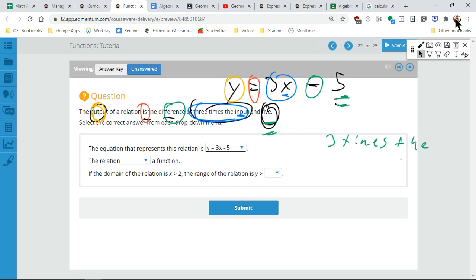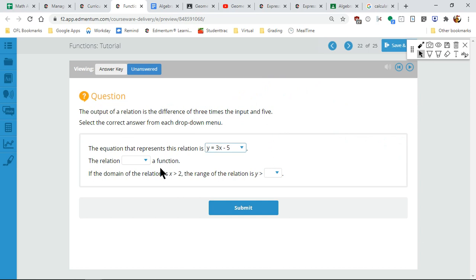I'm not the biggest fan of how they word these, but Edmentum really wants you to do it. The relationship is a function because all the changes are happening to our input. The domain: if the domain is bigger than 2, we're going to put 2 here.